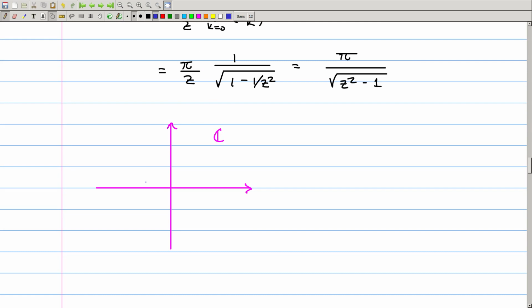Now as a complex valued function, this is defined on the whole complex plane, except we have to cut out a little sliver going from -1 to 1. If I cut out that strip in between, this is going to be a nice, well-defined holomorphic function on the entire complex plane outside of this little blue strip.